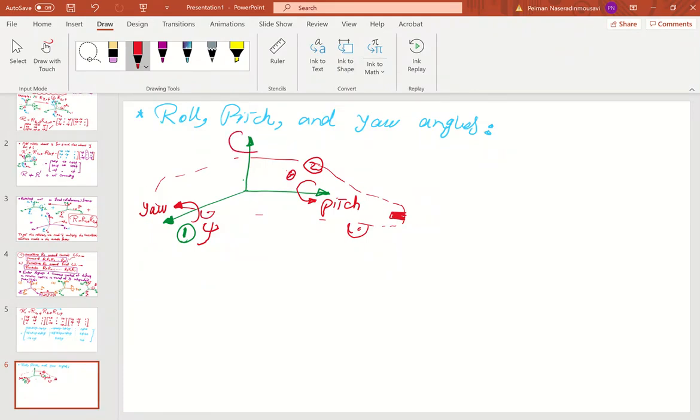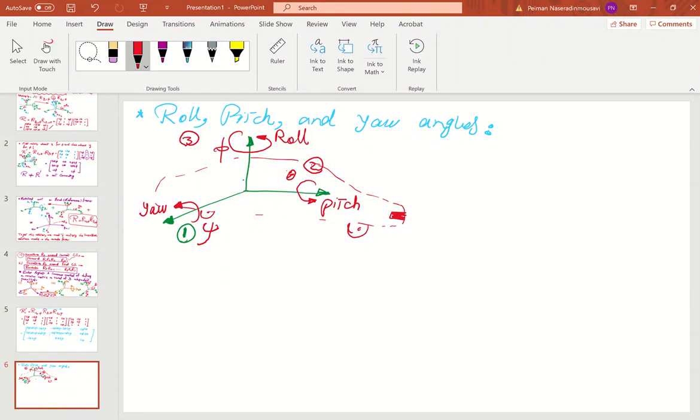And finally the roll is this number 3. Number 3 is the roll, and the angle is phi. So yaw, roll, pitch, right?